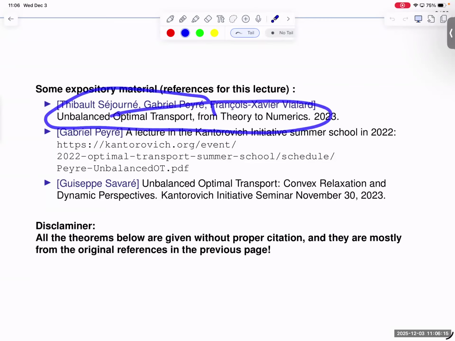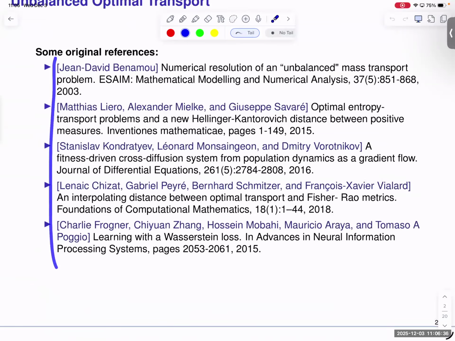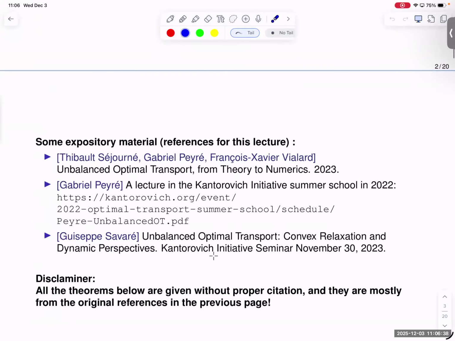And this one gives a nice review of unbalanced optimal transport. And below, the theorems I state are given without citation. I just assume that they are from some of these source articles. Okay. Any questions so far?